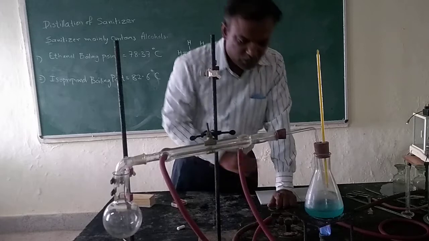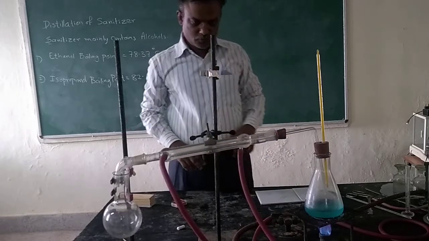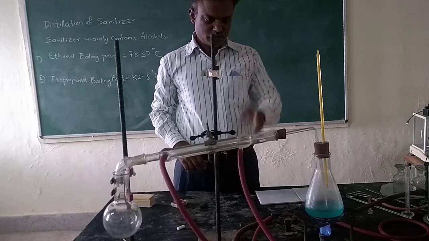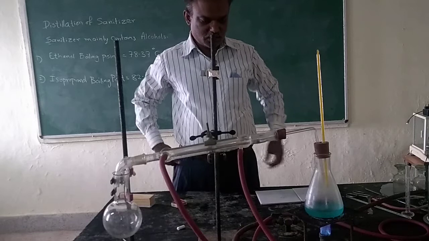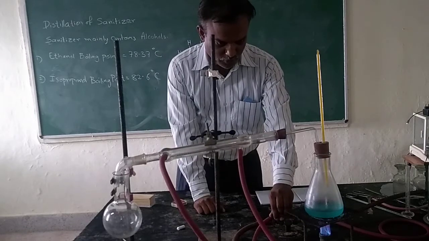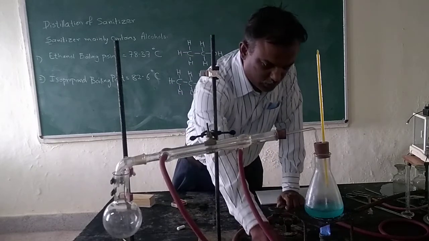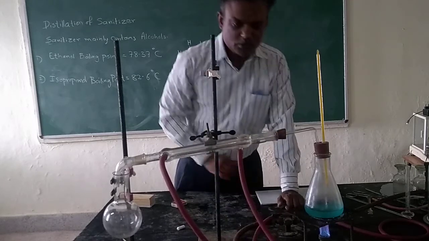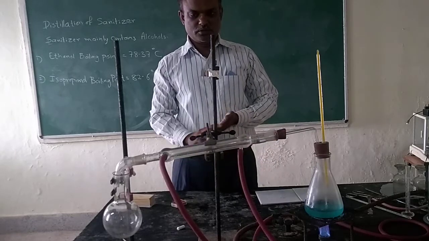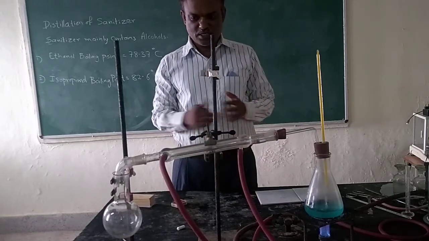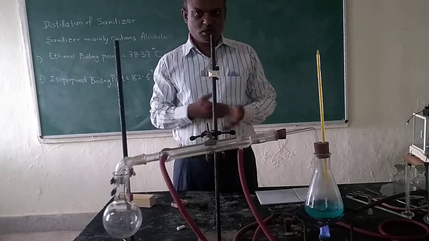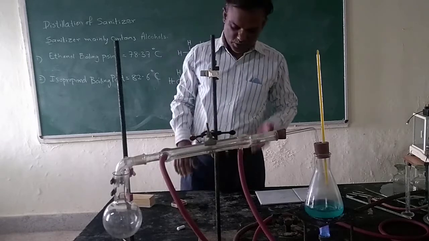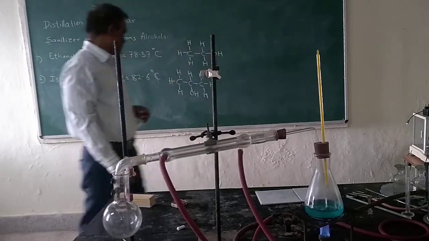The vapors will come out from this tube, and we are going to see what the boiling point of this alcoholic content is. From the boiling point, we will come to know whether it is ethanol or isopropanol. So from the boiling point difference, we will come to know.